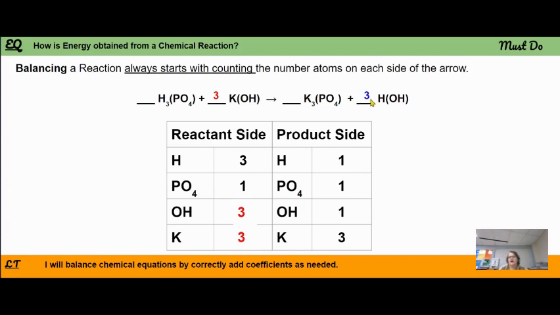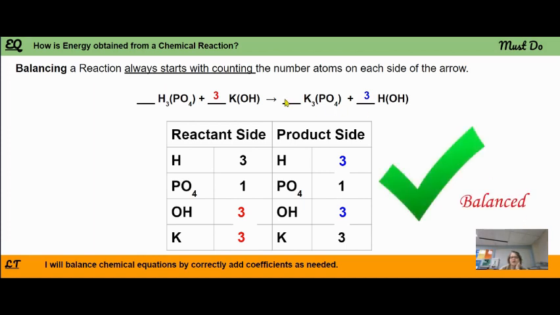Again, I can put a 3 in there. Now I need to recount again. Now I have 3 hydrogens and 3 hydroxides. If I look, now I'm balanced. I haven't filled in all of my blanks, but I'm balanced, and that's okay.